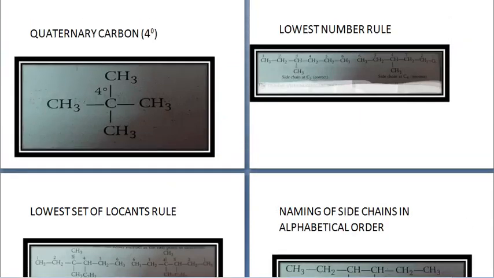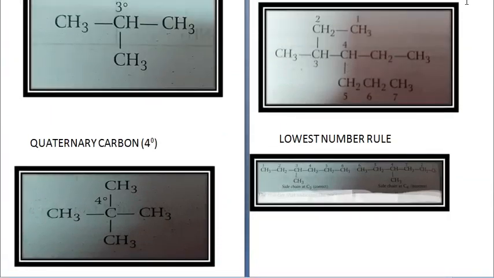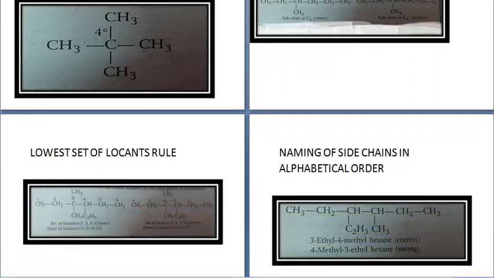It will be clear. There are 2 side chains. One is a methyl group, the other is an ethyl group. But we will not see which side chain is what name. We are just counting the carbons. Now if you count from here 1, 2, 3, 4, it would come on the 4th. Whereas from here this comes on the 3rd one. So numbering has to come this way, not this way. Alright, so this is the lowest set of locants rule.